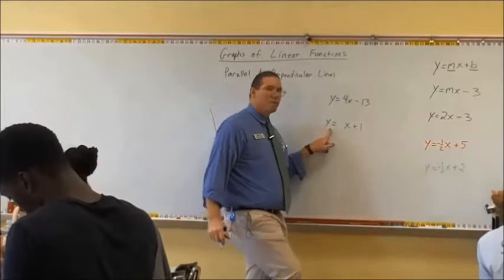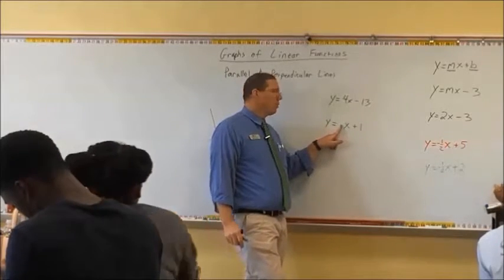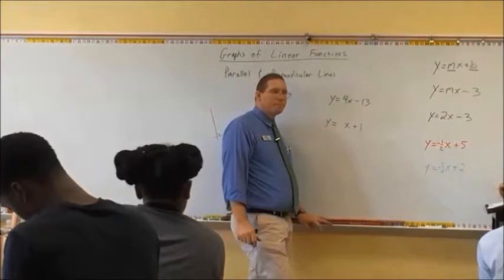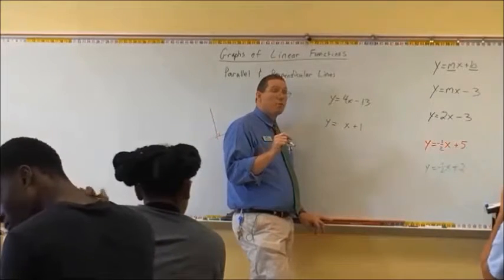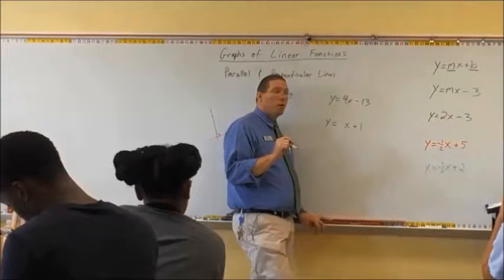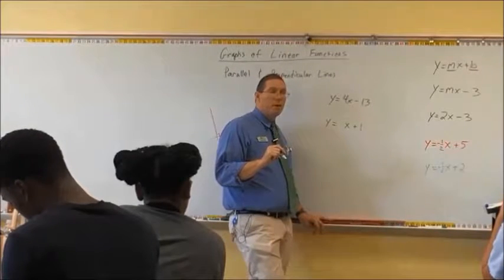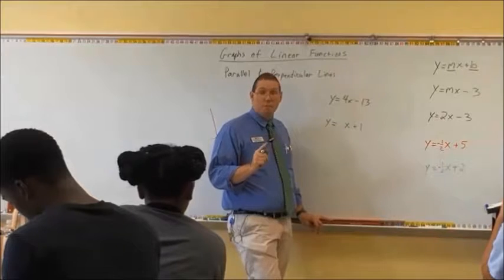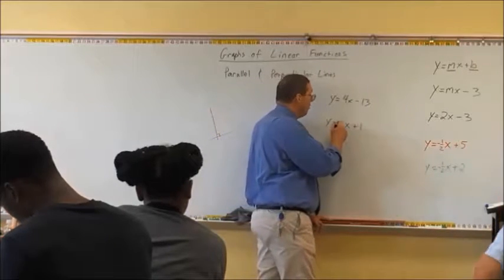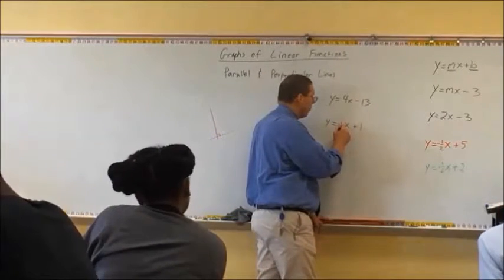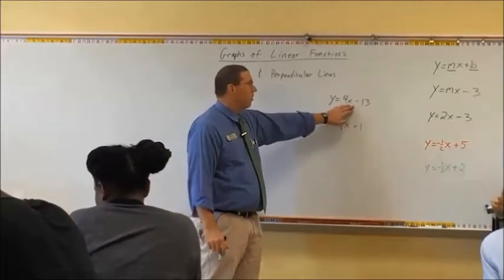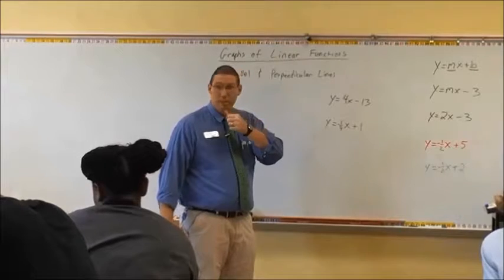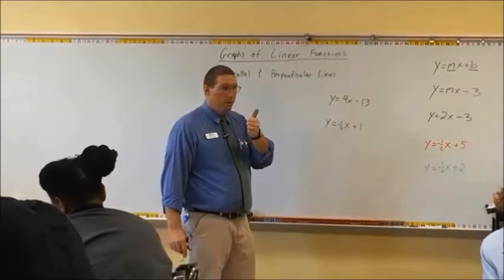To make sure that this line is perpendicular, what should the slope be? 1/4? Very close. What did I say perpendicular means? Negative reciprocal. So it would be negative 1/4. So the line y equals negative 1/4 x plus 1 is perpendicular to the line y equals 4x minus 13. We okay?